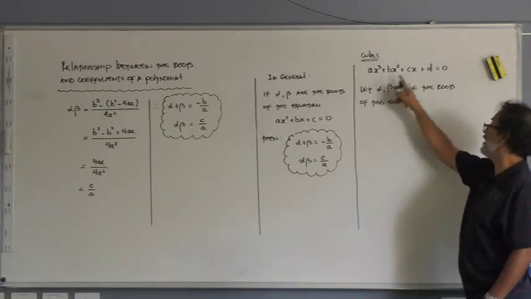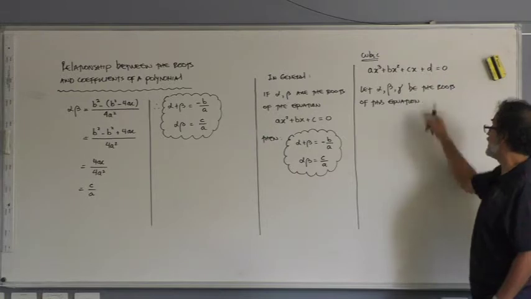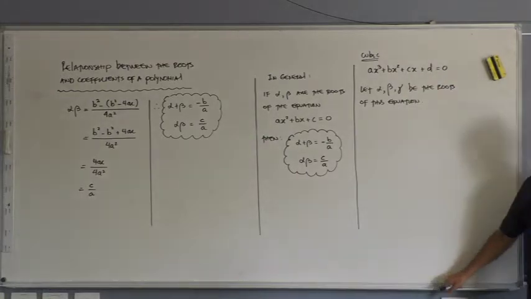Can you see that this time we have 1, 2, 3, and 4 coefficients, including the constant?